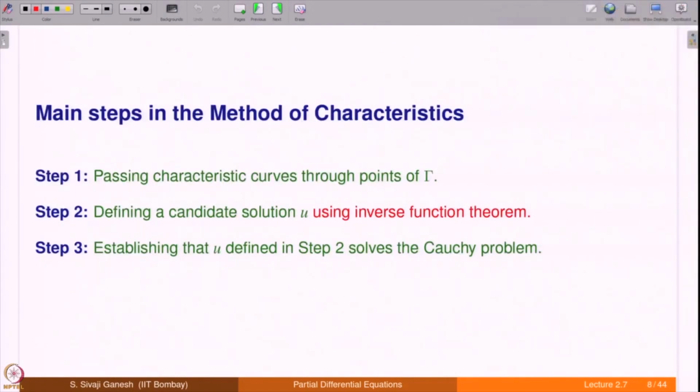So, step 1 is through every point of gamma you pass a characteristic curve. So, gamma is here, we want to find a surface which contains this gamma. So, what we do is we pass through this characteristic curves like that, and you see this is going to give a surface.